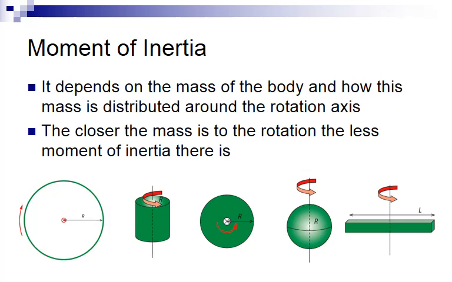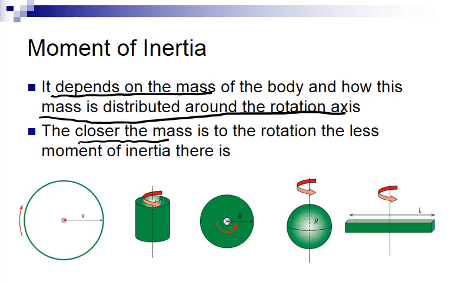And so the moment of inertia both depends on the mass of the body and how the mass is distributed around the rotation. So each of these have a different amount of mass, spread out about an axis of rotation. The closer the mass to the rotation, the less moment of inertia there is.